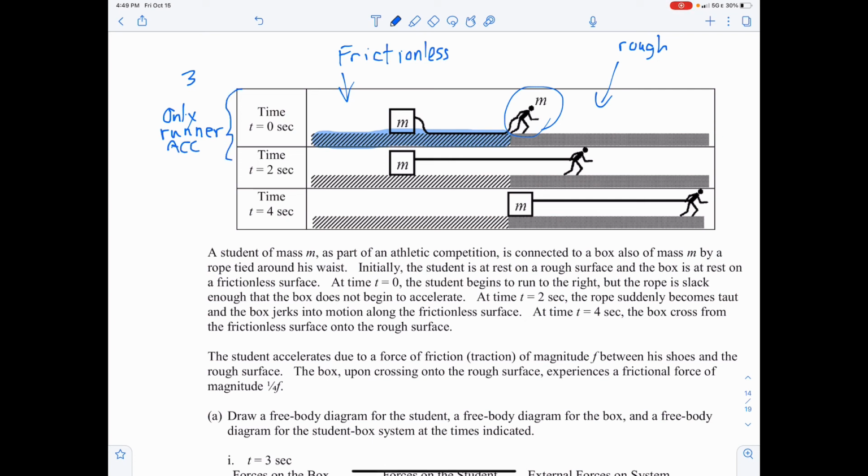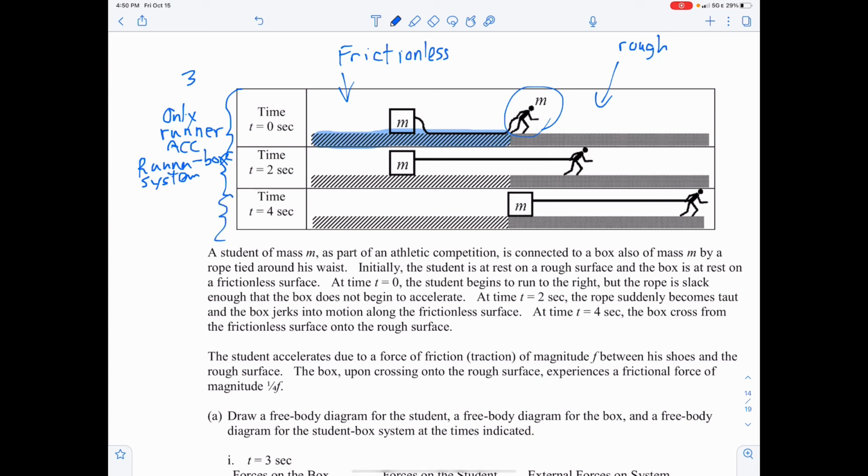And then from 2 to 4 seconds, this range right here, you then have a system. You have the runner, box, system, but the box is not encountering friction.